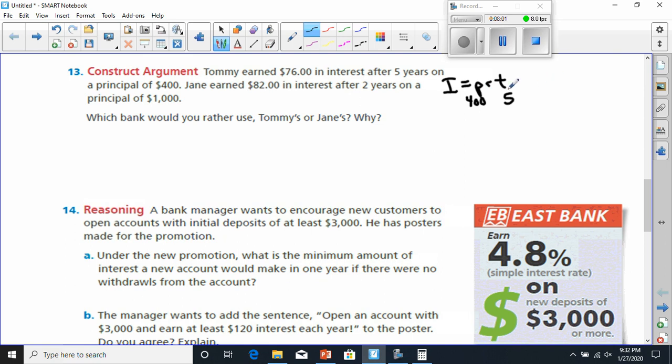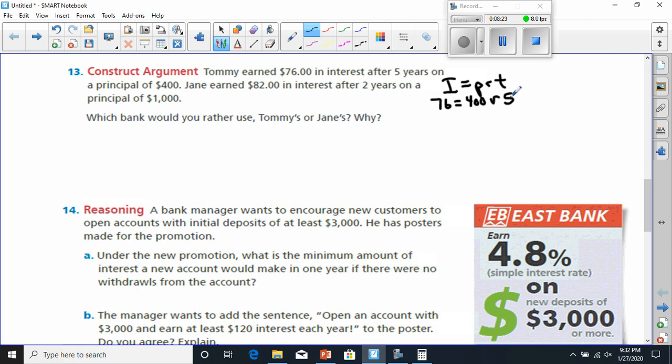But it doesn't tell me what the rate is. It never tells me what R is. Now the good news is it does tell us what the interest is. The interest that he earned was $76. And we can use this with our formula to go ahead and find out what the rest of it is.